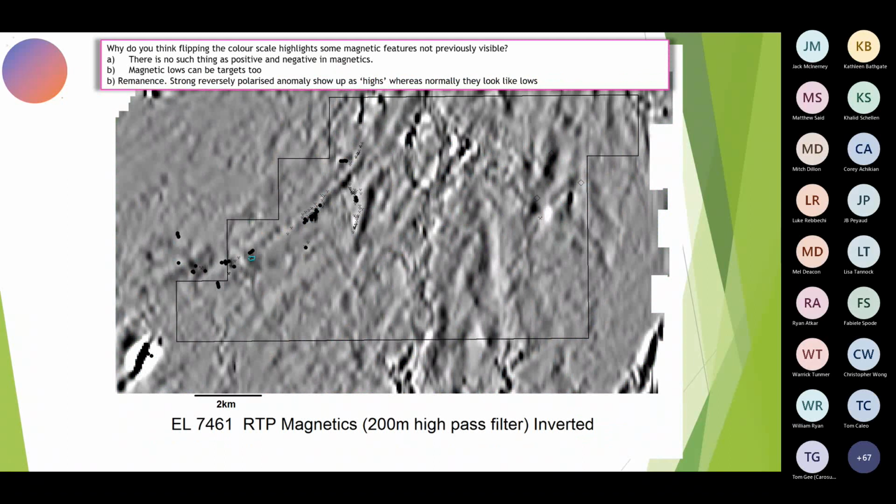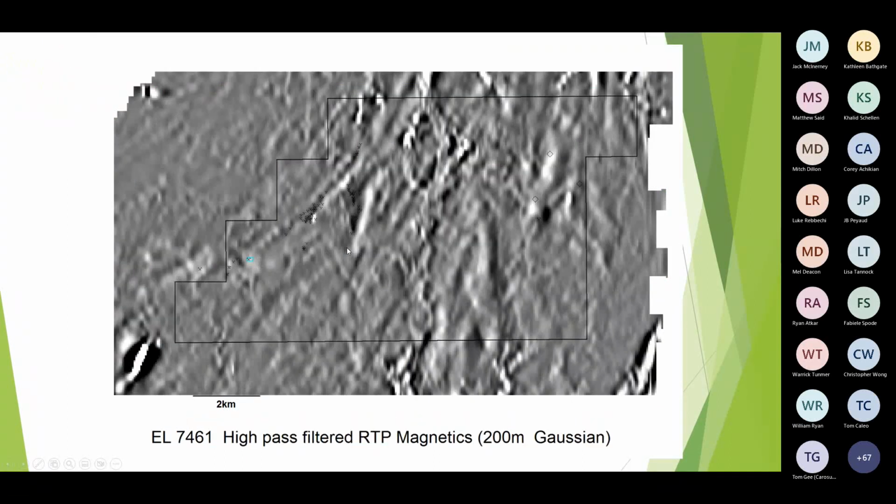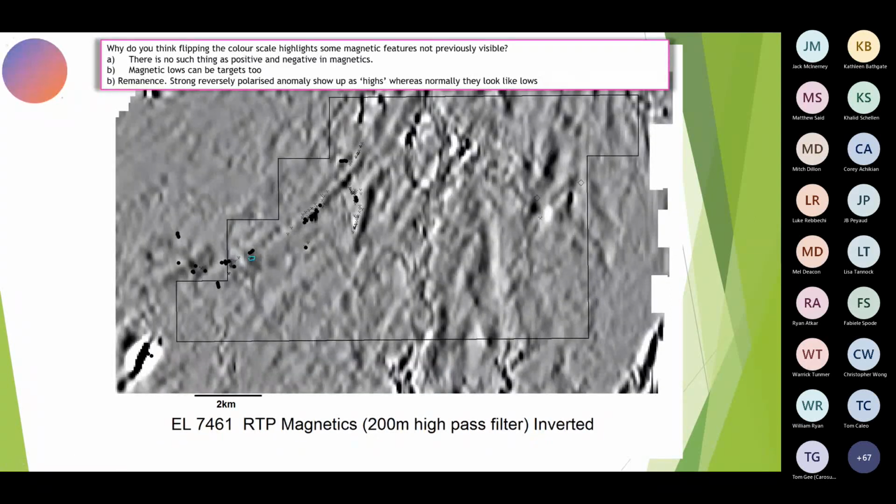You can see here, this is the image with the normal color scale, and this is with the flipped color scale. So why do you think flipping the color scale highlights some magnetic features that were not previously visible?